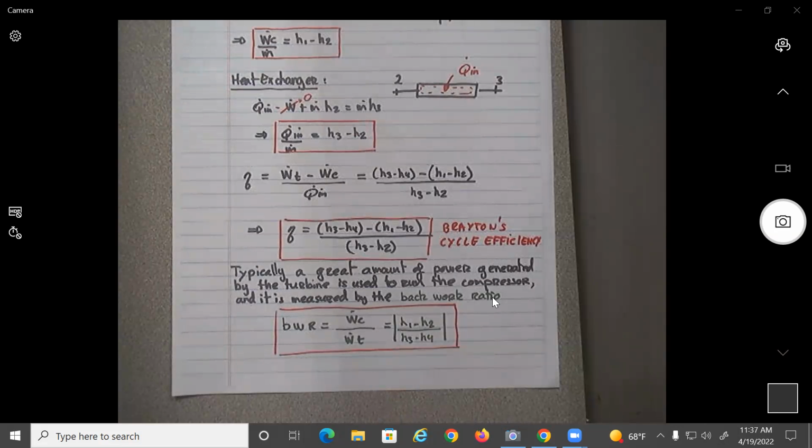So what is the back work ratio? It is the amount of power used by the compressor divided by the amount of power that the turbine generates. So if we look at the enthalpies, it's H1 minus H2 over H3 minus H4. Pay attention that the absolute values are there because one of these differences can be negative, and this should be a positive value.